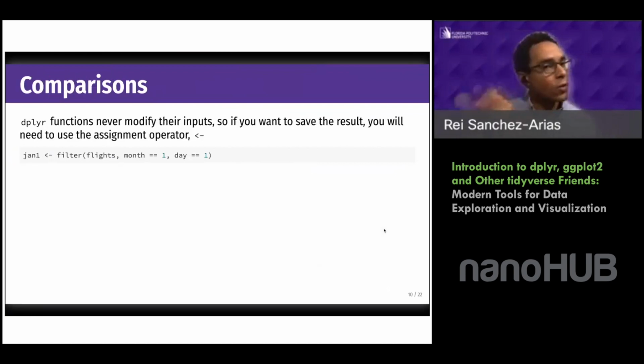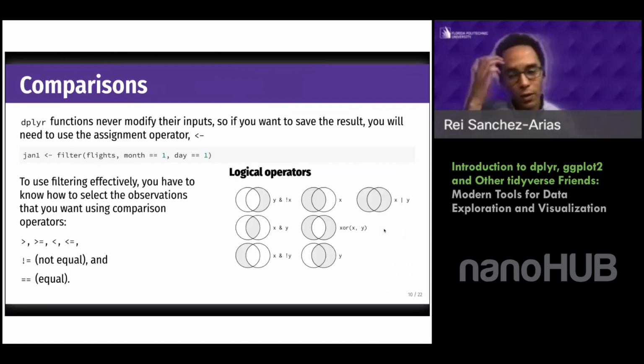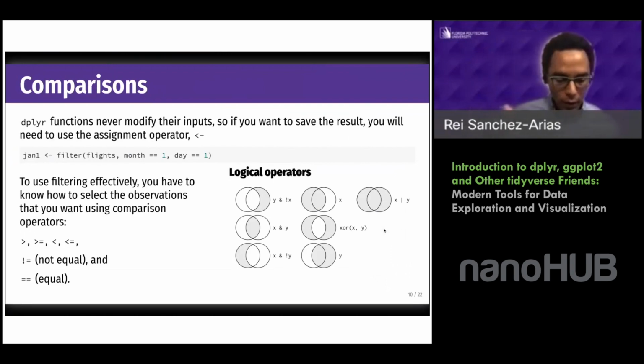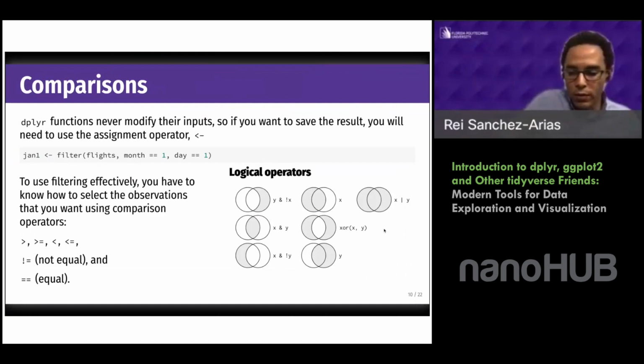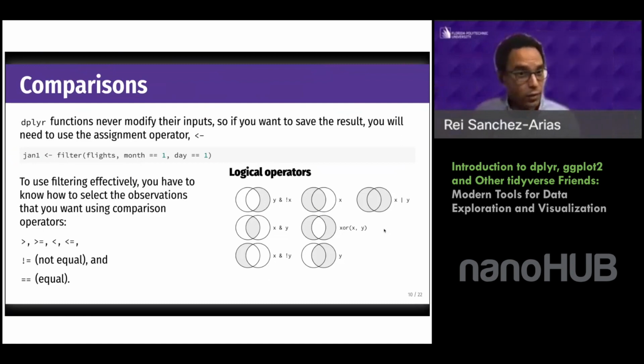We can also do a lot of comparisons when using filter. So it's not just the equal sign. You can use any of the logical operators you may be familiar with. Maybe I want to find all the flights whose arrival delay is negative, which means they arrive early to their destination, or maybe the ones that just took forever to depart.